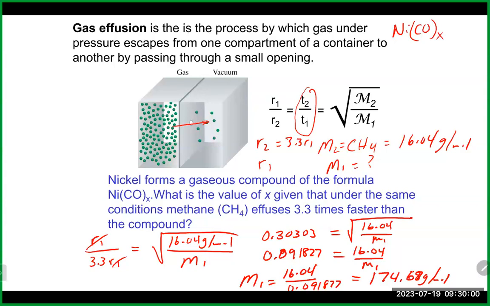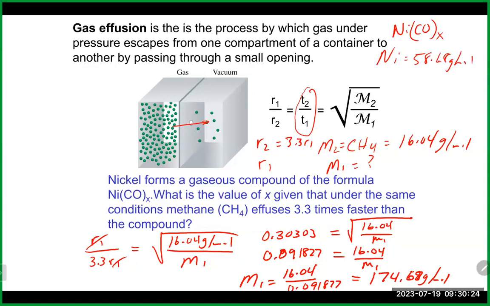So how does this help us? Well, the one thing that we know for our unknown is nickel. So if we go to the periodic table and look up nickel, I think nickel is 58.68 grams per mole.